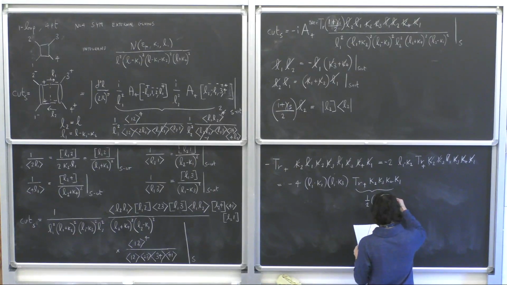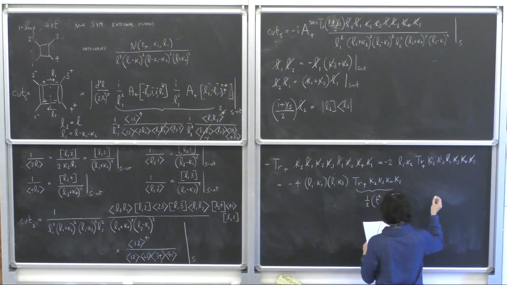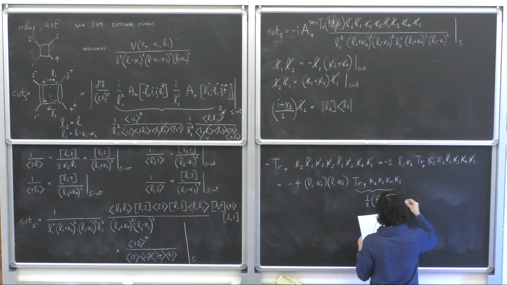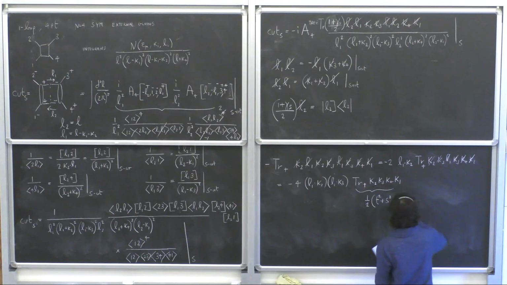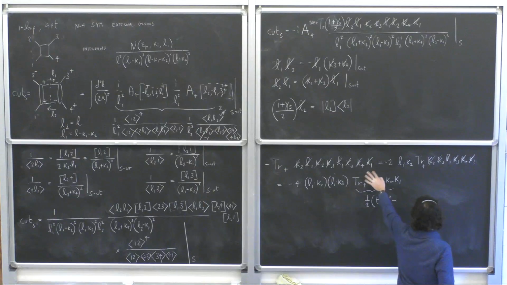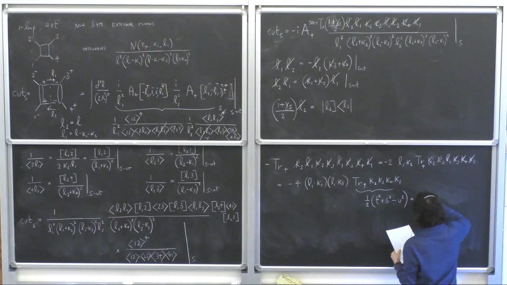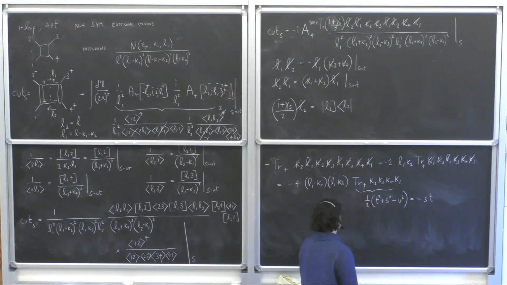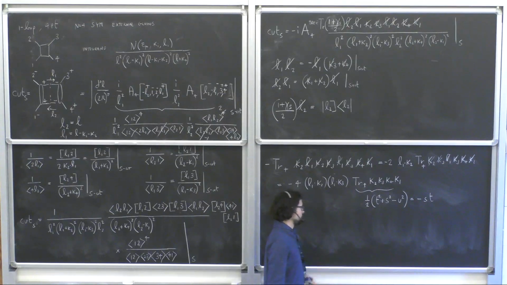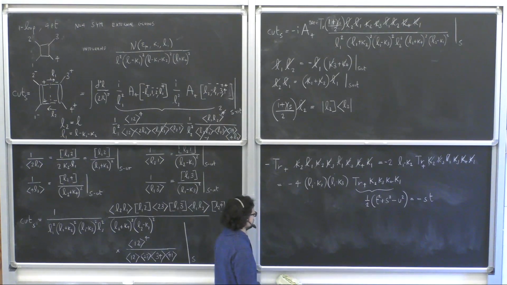So this is t squared with a factor of 1/2 plus s squared, 1, 2, 3, 4, minus the case in which they are not adjacent to each other, and this would be u squared, which is in turn rewritten as minus st by using the fact that for massless states the sum of s, t, and u is equal to 0.